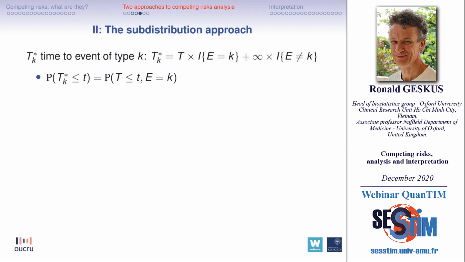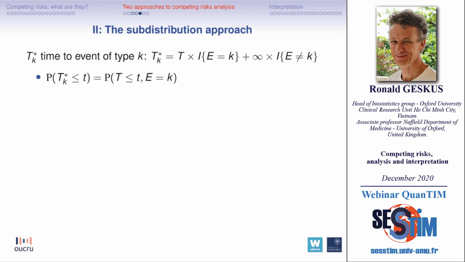So theoretically, you could define it through a random variable, say T*_k, which is, so the event time is T if the event is of the type of interest, but it is infinity if a competing event occurred. And if you write the probability that T*_k is smaller than or equal to t, that basically means the same as the event of type k occurred before time t.